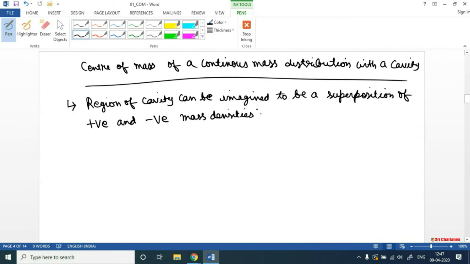So if in a region we have some positive mass density, although we do not really have some negative mass density, we can use it for calculation purposes only. So if in a region positive, equal and opposite mass densities are overlapped over each other, the net mass density will become zero, and that will look like a mass free space, or you can say a cavity.